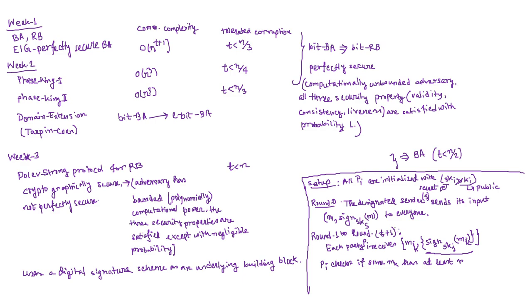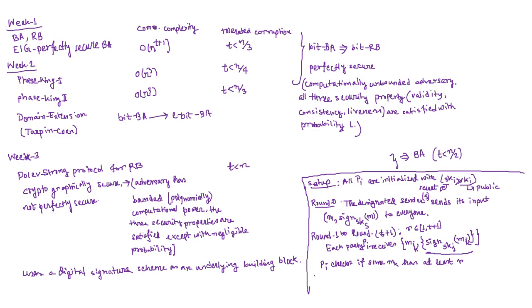We are denoting some round r in 1 to t plus 1, so round number 1 to round number t plus 1, the iteration will go on, and any round r among them.